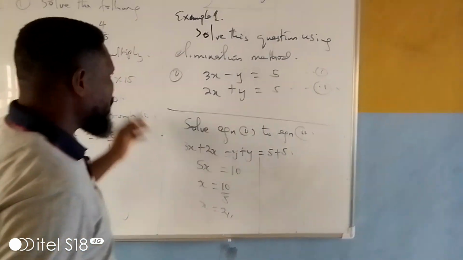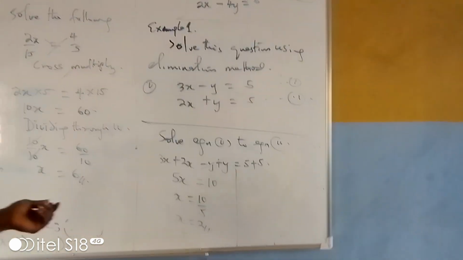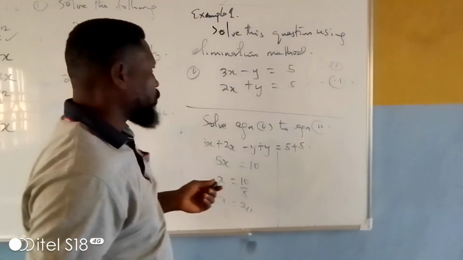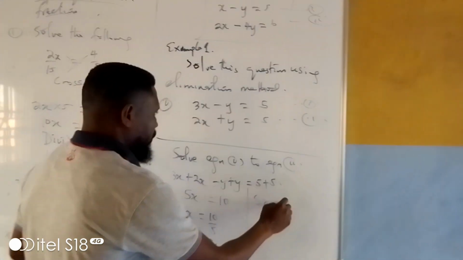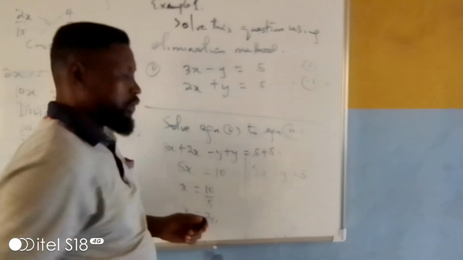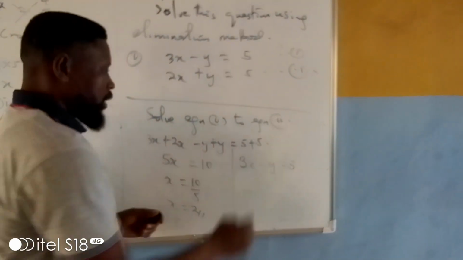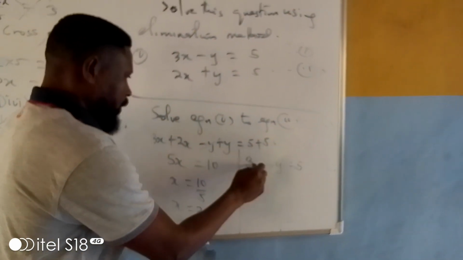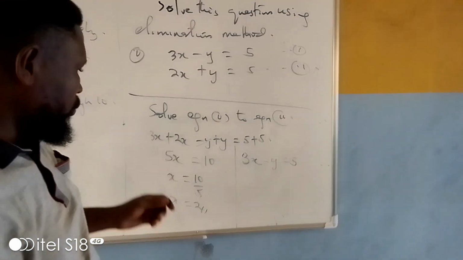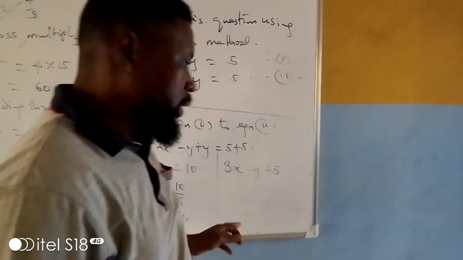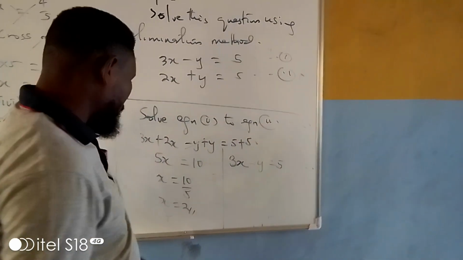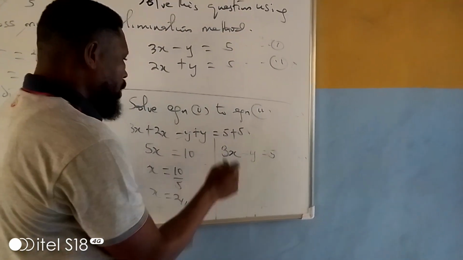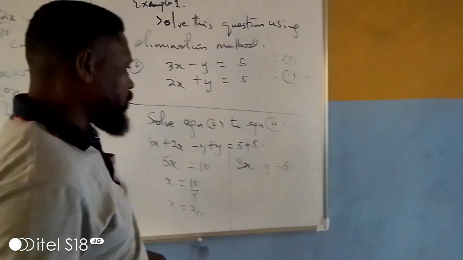Now, again, you can easily find the value of y when you fall back to equation 1. Equation 1 above is 3x minus y equals 5. Remember, we are putting the value of x to be 2. So substituting the value of x into equation 1 will enable you to find the value of y.